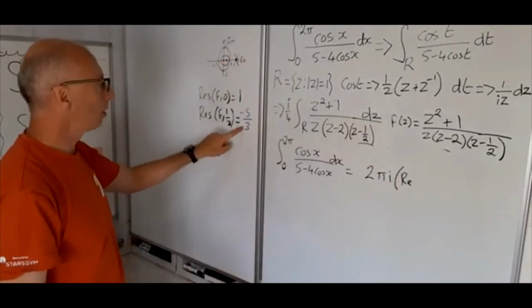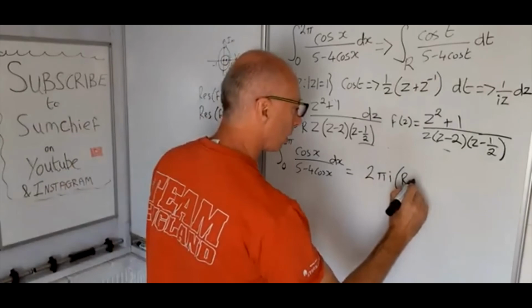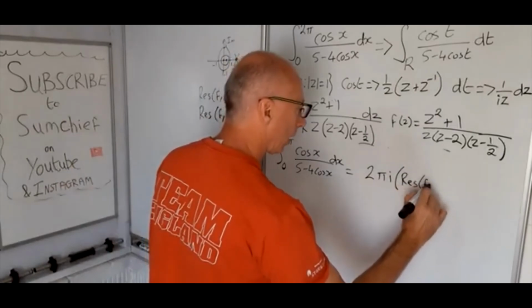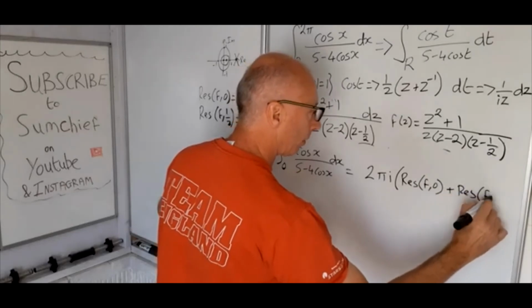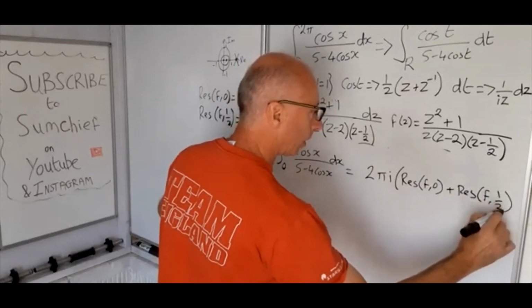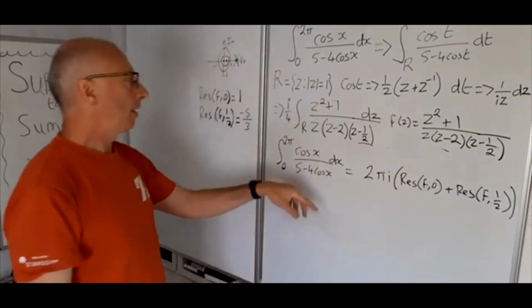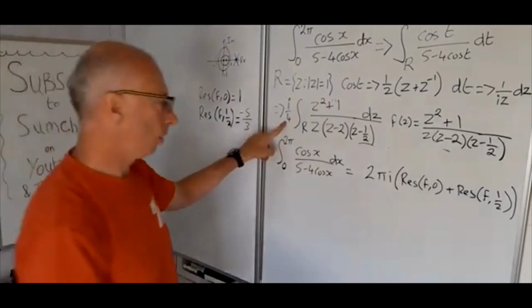So it's 1 minus 5 over 3. So that's the residue of f at 0 plus the residue of f at 1/2, and not forgetting the i over 4.